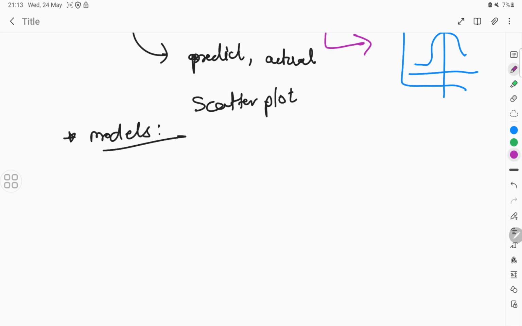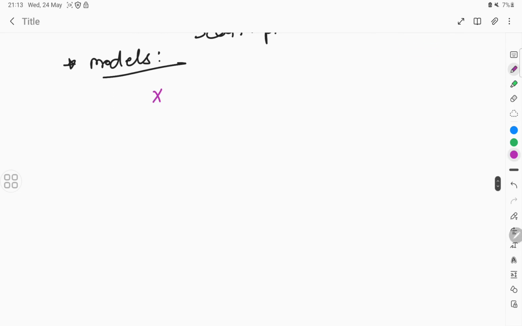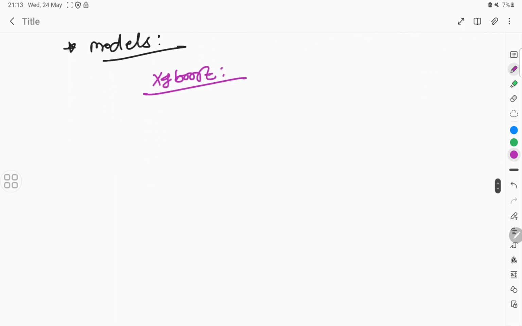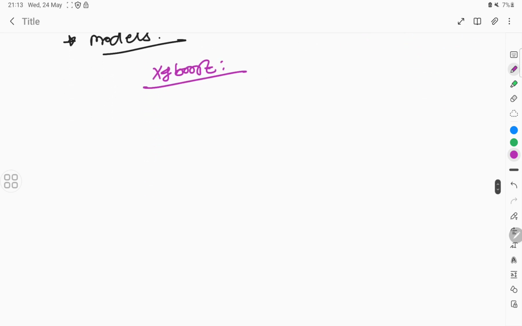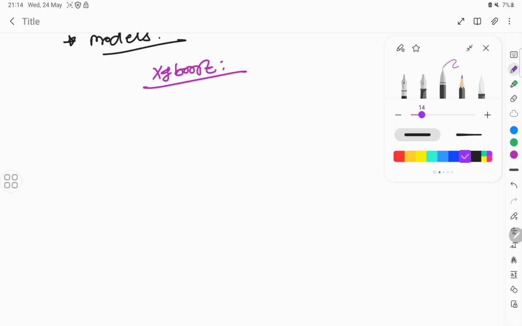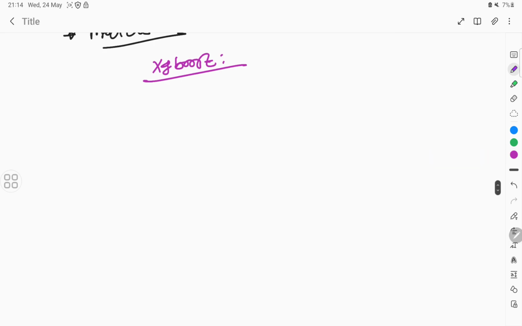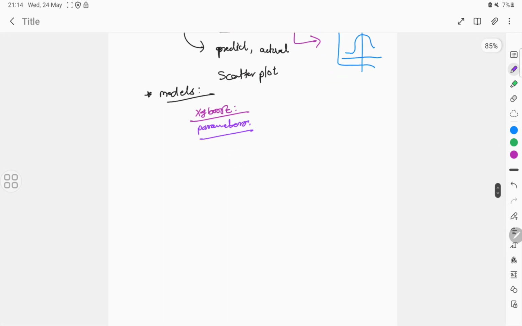Suppose you tell them XGBoost, then they will ask what is XGBoost, explain in detail. It's a tough question if you don't remember. They will ask you the parameters of XGBoost.